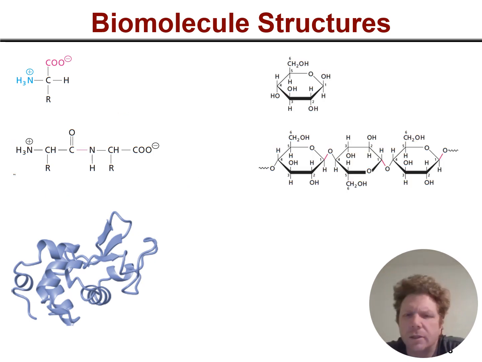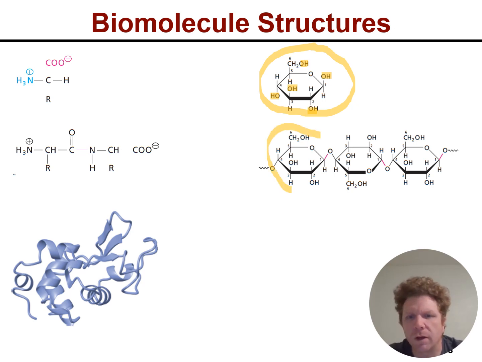Now on the right-hand side of the screen here, we've got an individual sugar. This is a monosaccharide. What I want you to notice about this sugar is we've got a bunch of hydroxide groups, those hydroxide groups can work as decent nucleophiles and they can participate in reactions.